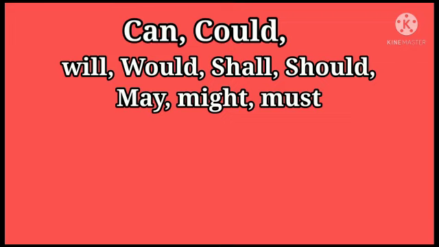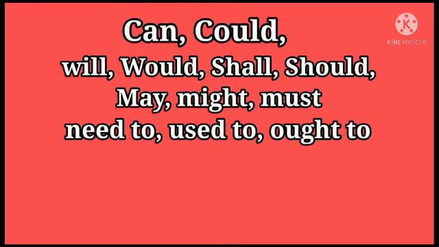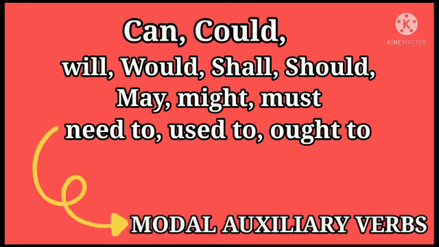And the other words that you have learnt, can, could, will, would, shall, should, may, might, must, need to, used to, ought to, these are all modal auxiliary verbs which talk about actions as possibility, doubts, necessity, compulsion, advice, suggestions, permission, and many more.